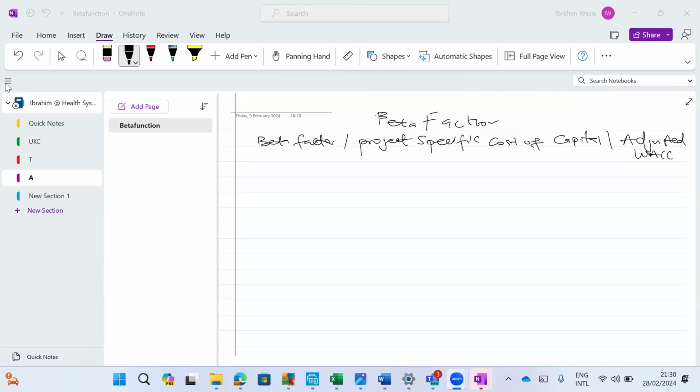Your nature of business remains the same. If when we calculated your work you are into two types of businesses, you have to maintain those two. You cannot stop one nor add another one to be three. Once you try to stop one or add another one, the business risk will change.